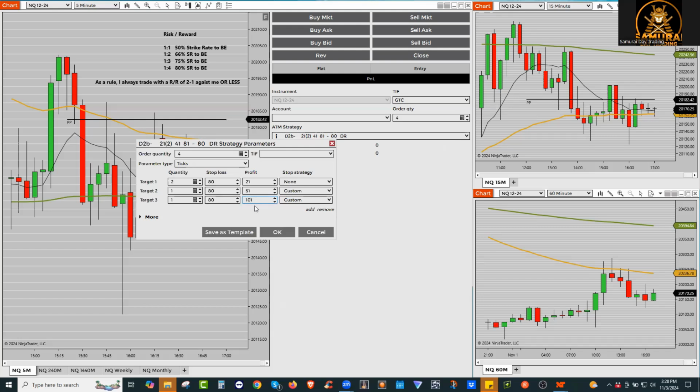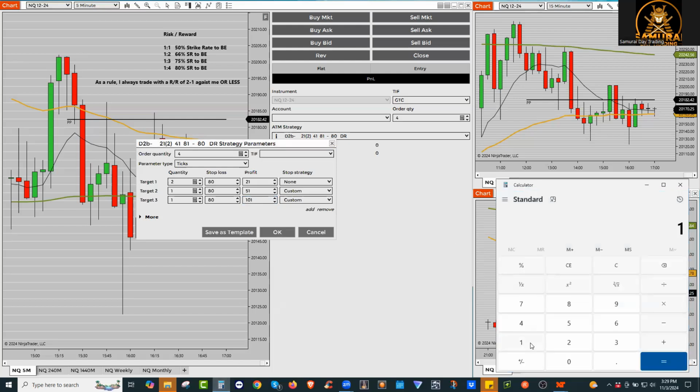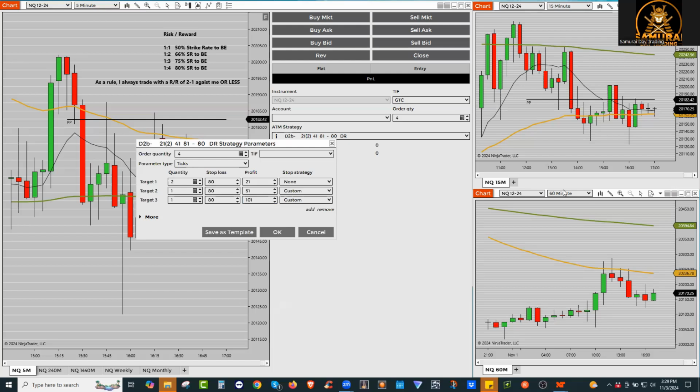Now, if I want a one-to-one risk reward, what do I do? I add up all the profit, which in this case is 190. 190 divided by 4. All right. 47 and a half. So I can go with a 50 tick stop loss here and still have one-to-one risk reward.